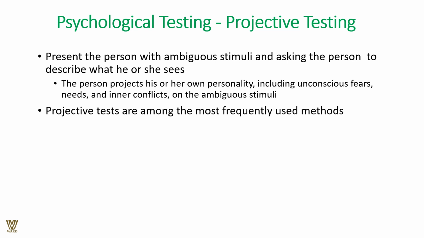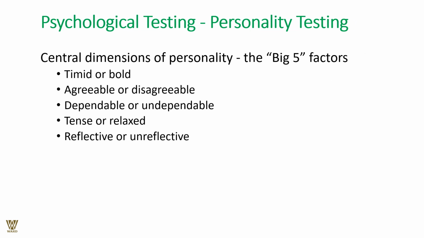Does he come up with a bright picture, or a not so bright picture, or probably a dull interpretation? A photograph can give out the way the person is thinking. The person projects his or her own personality, including unconscious fears, needs, and inner conflict, onto the ambiguous stimuli, as the case might be. Projective tests are the most frequently used and most easily identifiable method that has been prevalent of late.